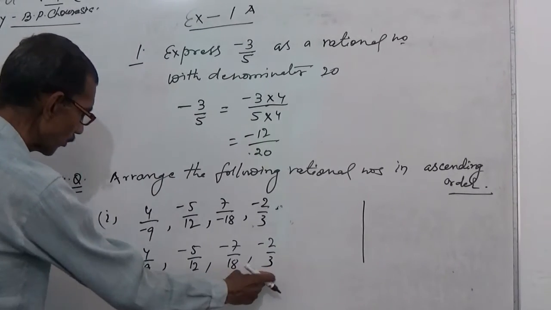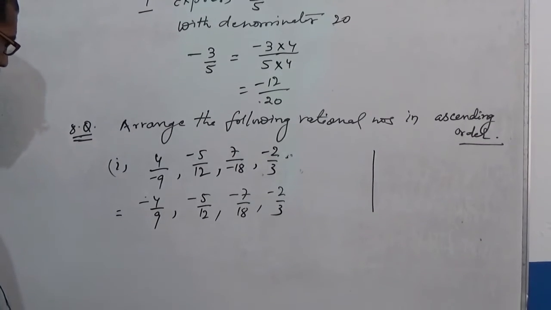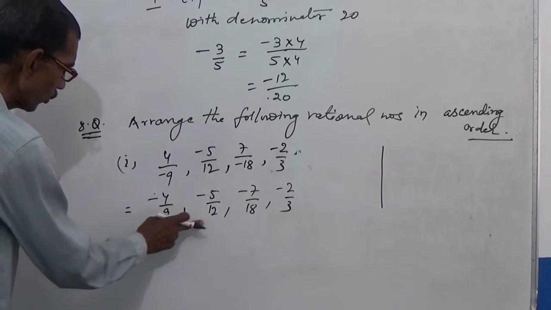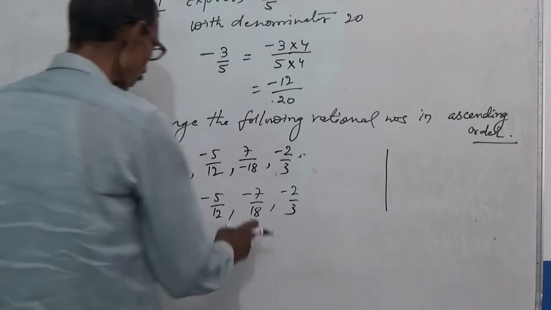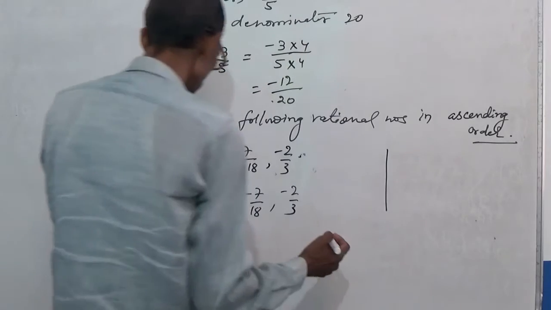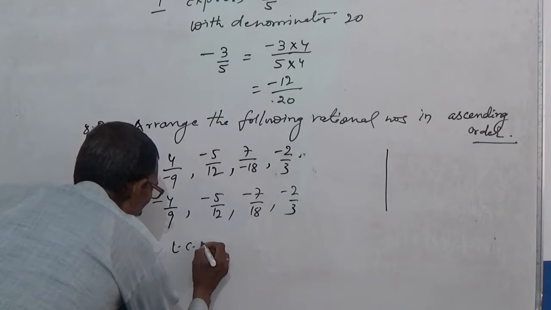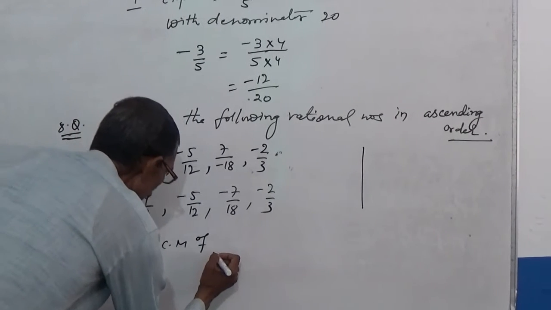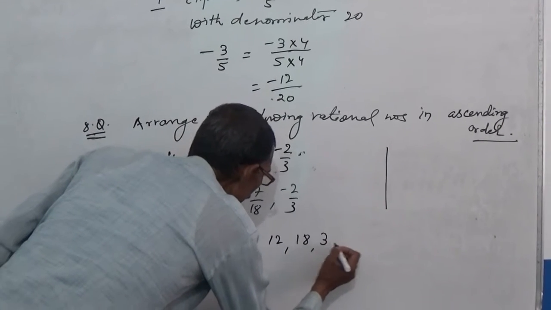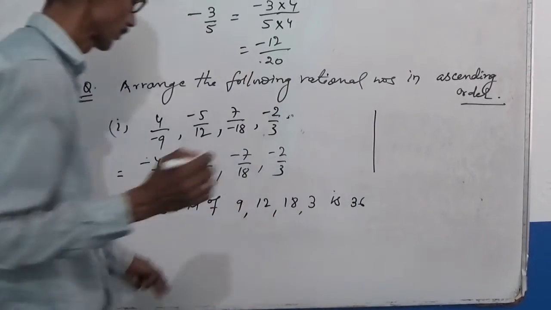Now find the LCM of the denominators of these given rational numbers. Denominators are 9, 12, 18 and 3. Now find their LCM. You can find it easily. LCM of 9, 12, 18 and 3 is 36.